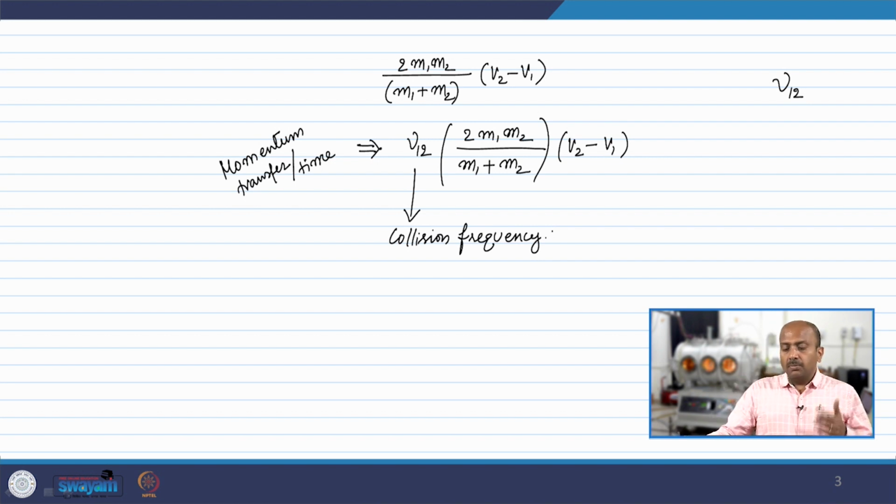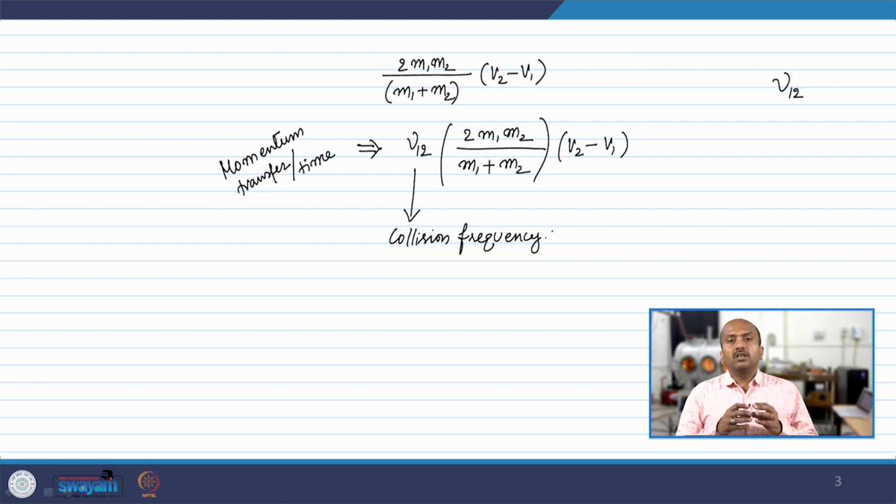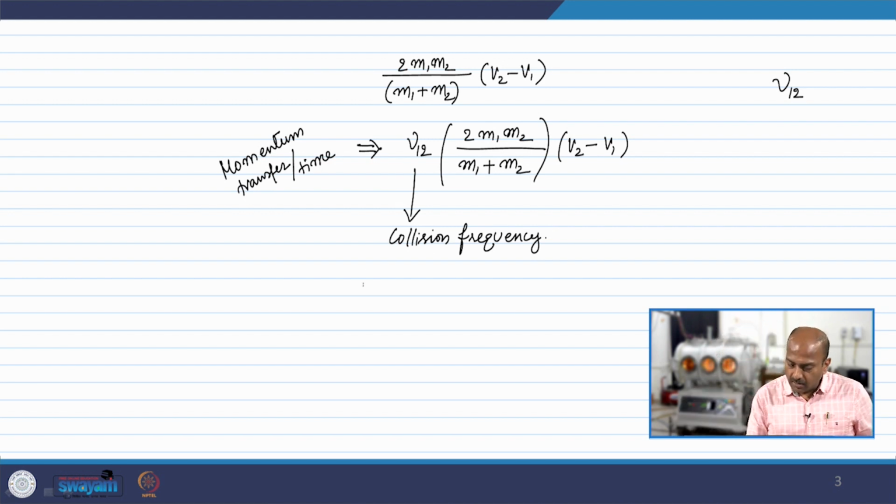Then, if there is a momentum transfer, we can estimate the force that is being exerted on species 1 due to species 2. That means the force experienced by species 1 when they collide with species 2. Let us call that force F12. The force is N1 nu 12 times 2 m1 m2 by m1 plus m2 times v2 minus v1.